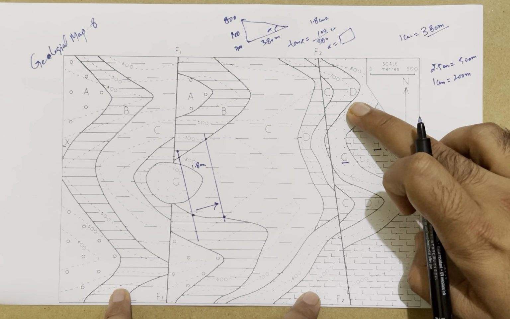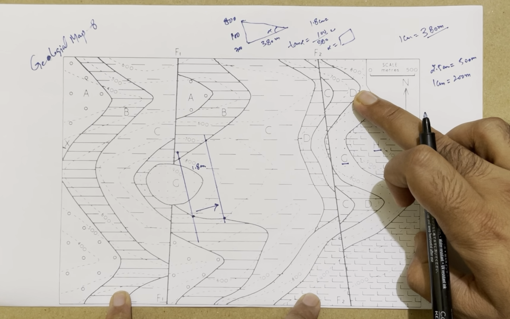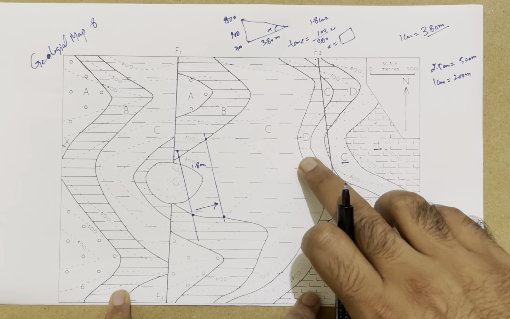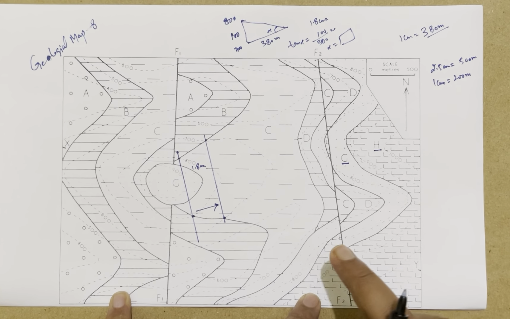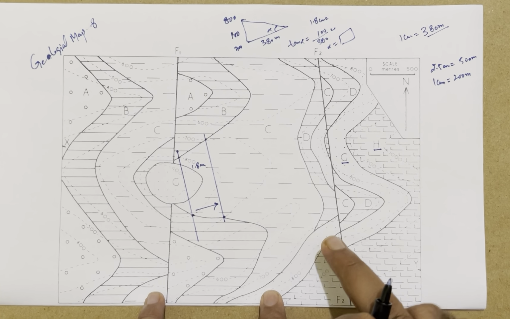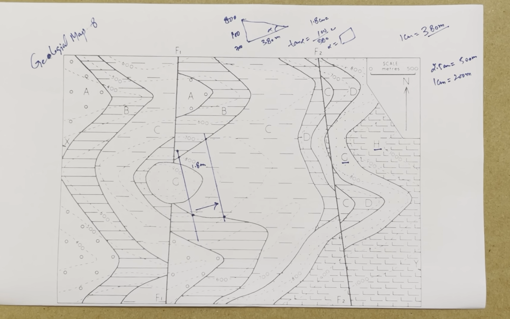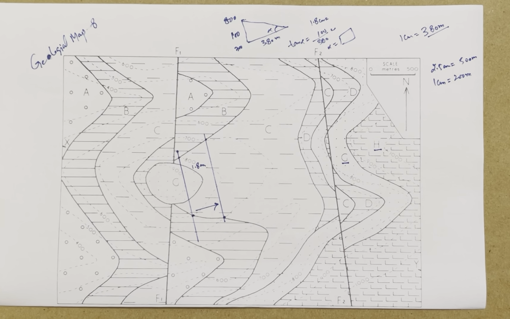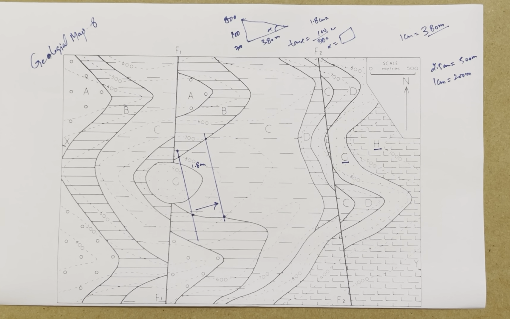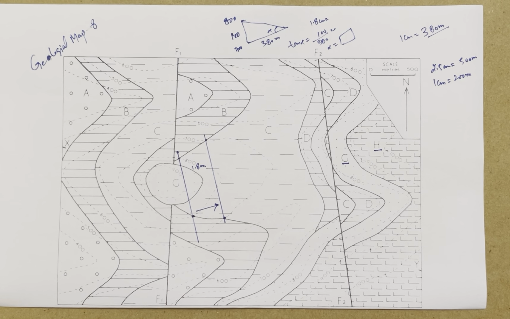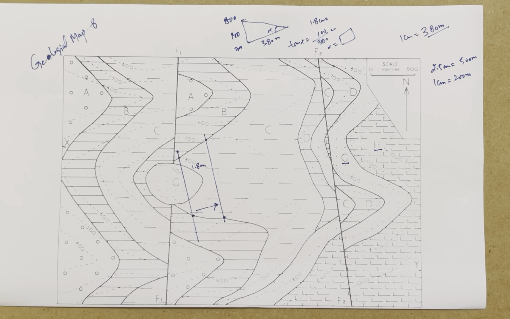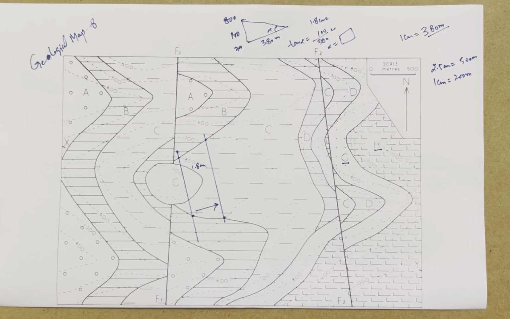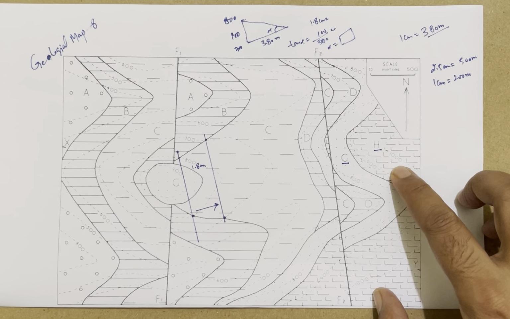Either D is horizontal or not, you have to find out. We are getting a contour cutting the C and D boundary. One more thing is that this contour is 1000 meter.